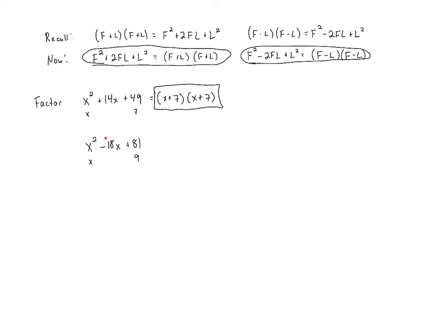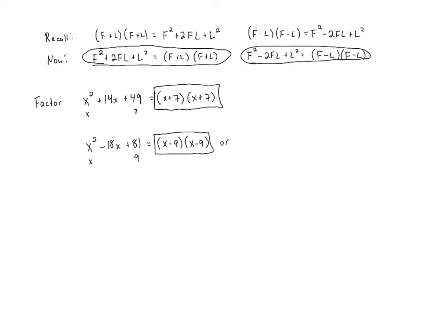But we also need this middle term to be double the product. Well, the product of x and 9 is 9x, and if we double that, we get 18x, so this works, and we can use the formula. This says that we get f minus L times f minus L. In this case, that's going to give us x minus 9 times x minus 9, which is our final answer.